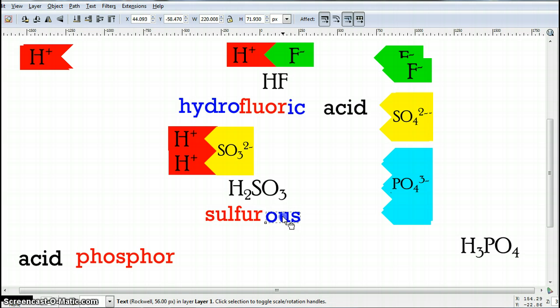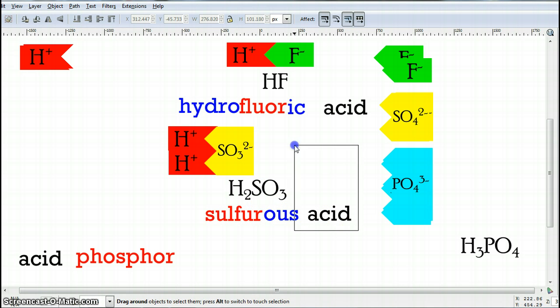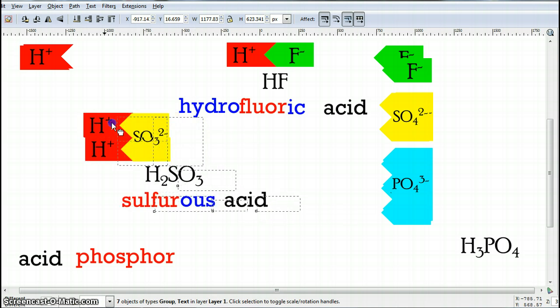So this would be sulfurous acid. Again, notice that when I did this, I did not use the prefix hydro because this was polyatomic. And I used the root word of sulfur and added OUS because it was sulfite. So again, this is sulfurous acid because of our naming rules.